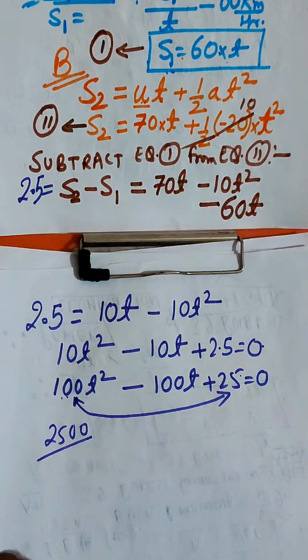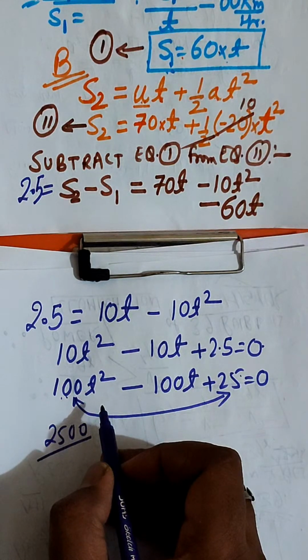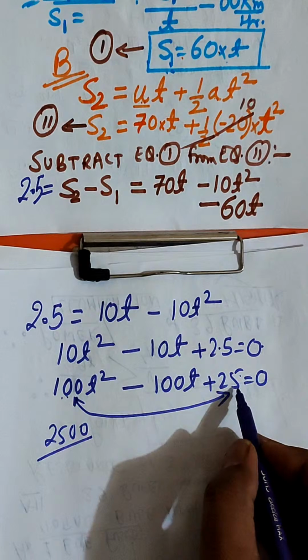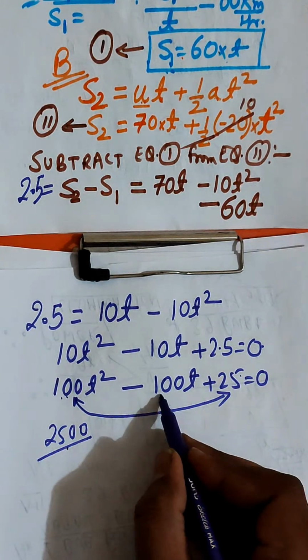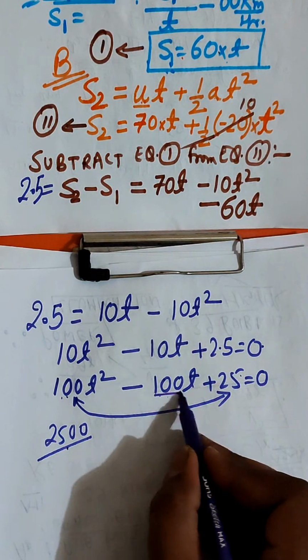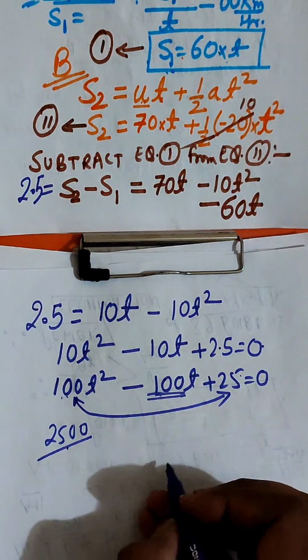So for 100t square, this will be 100 into 25 is 2500, and split this in such a way that minus 100 will come, which is the middle term. So we are just simply applying the quadratic equation concepts over here.